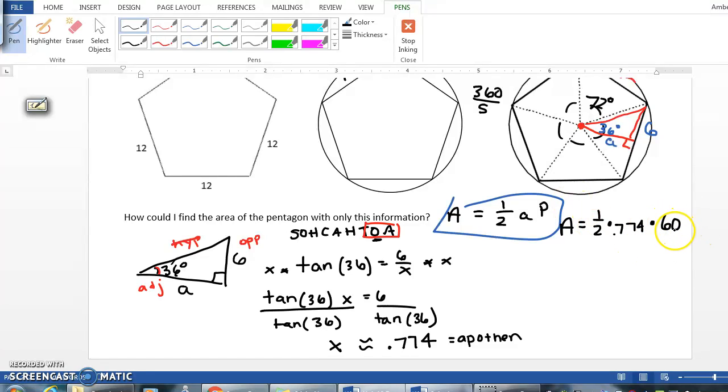Plug that in the calculator. Doing it right now. And the area is equal to 23.22. That's just another way we can use the information that we've learned in previous units to solve for what we're looking for in this current unit.